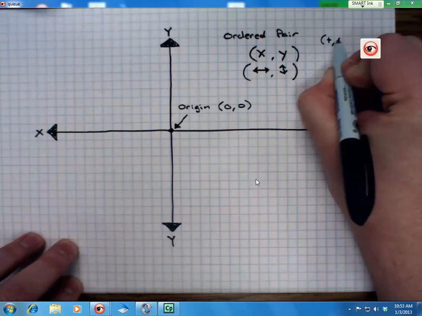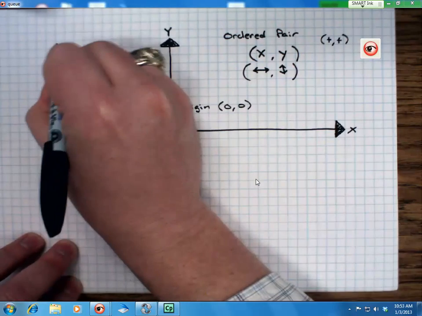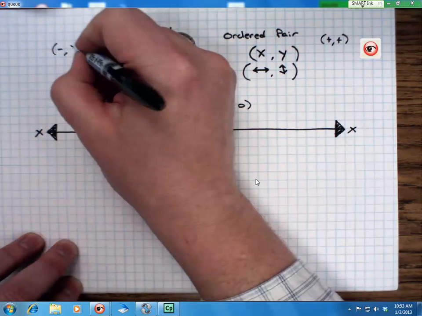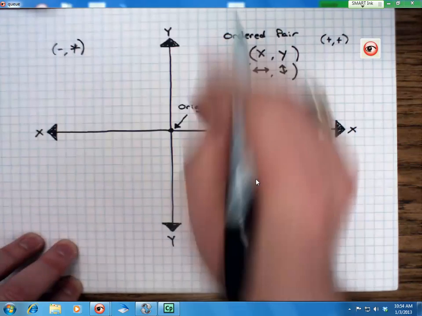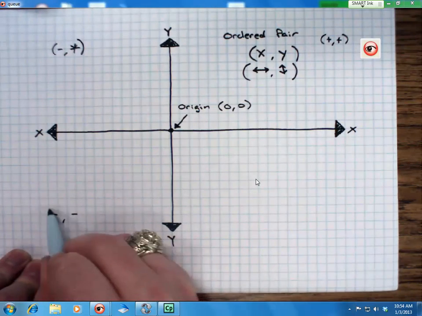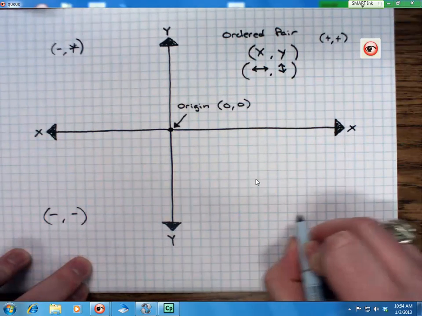That'd be positive, positive. Over here, our x would be negative, and our y would be positive. Then down here, they would both be negative, negative, and over here, it would be positive, negative.